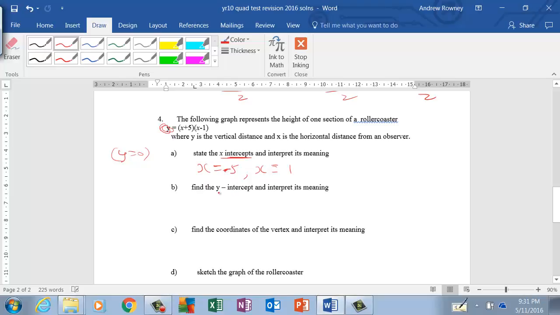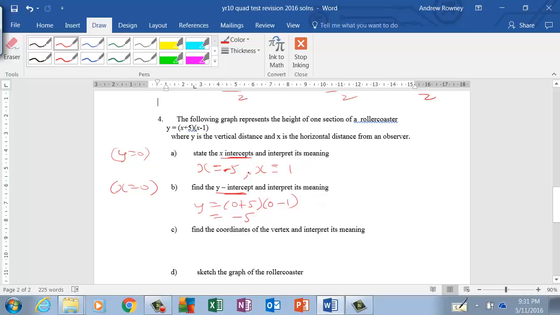To find the y-intercept, it occurs when x equals 0. So we put x equals 0 into the top. So when we put 0 in for x, we will get y equals 0 plus 5, 0 take 1, which equals minus 5. Now we need to interpret the meanings of these.